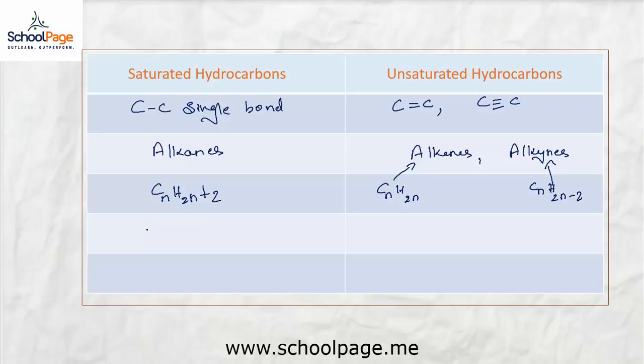In saturated hydrocarbons, we only find single bonds, and because of this, these hydrocarbons are unreactive. Because of the presence of double bonds and triple bonds, unsaturated hydrocarbons are highly reactive.